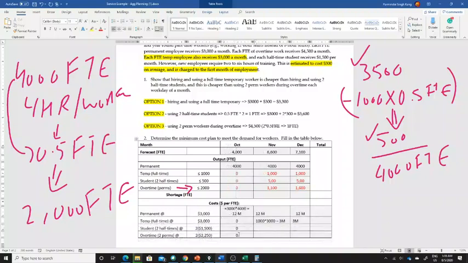Similarly, if you look at the students, as we're converting 2 half times, right? So we already converted into the full-time equivalent. So we have 500 as full-time equivalent. So from here we know that we are paying a half-time student $1,500, and the full-time equivalent of that student is going to be paid around $3,000, right?